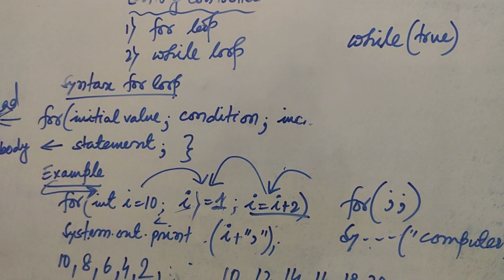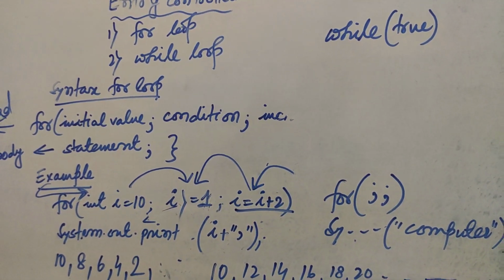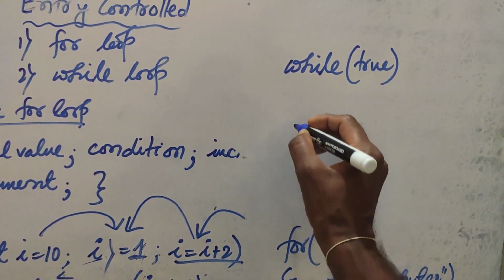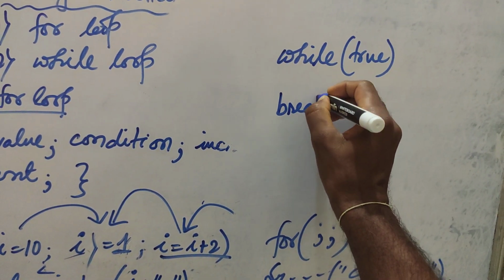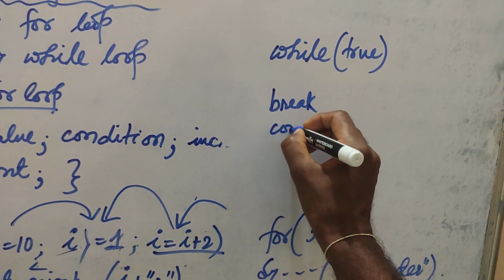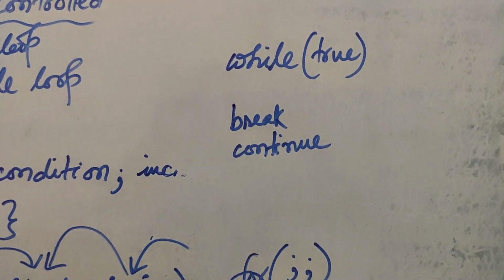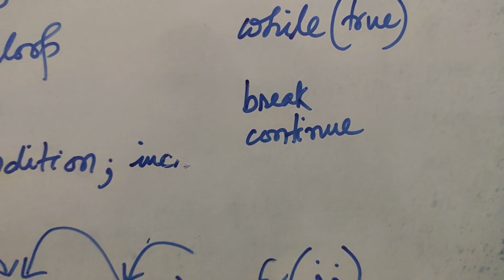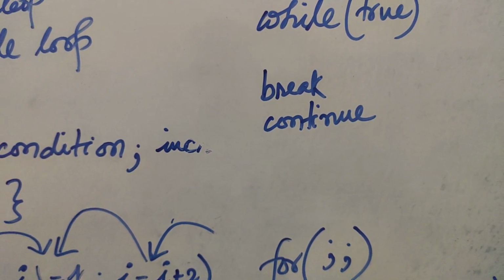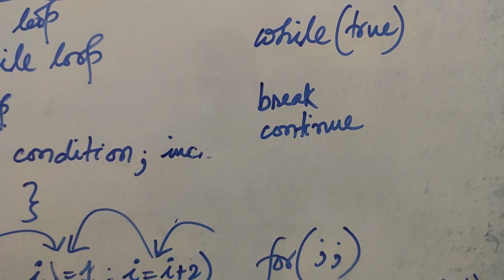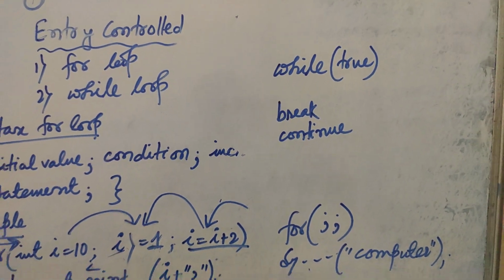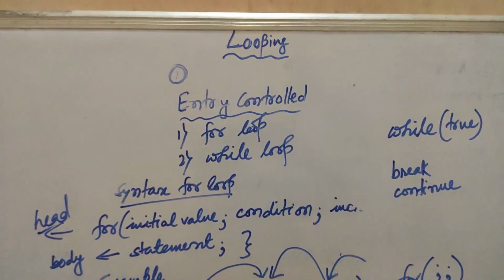In loops we use two jump statements, one is break, another one is continue. So two jump statements we will use in loops, in while also, in if statements also. Clear?